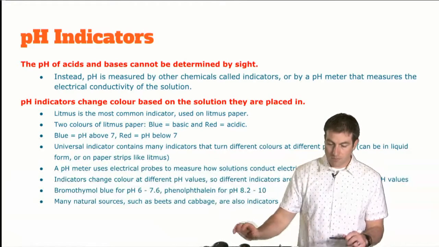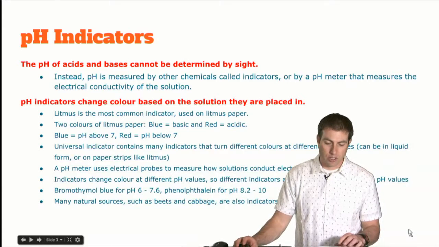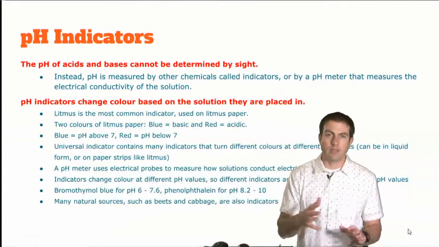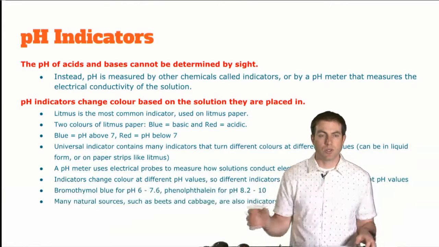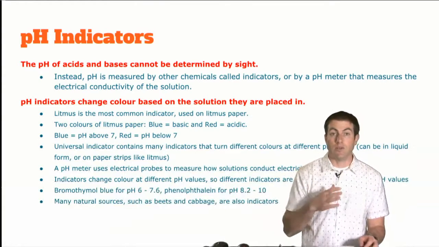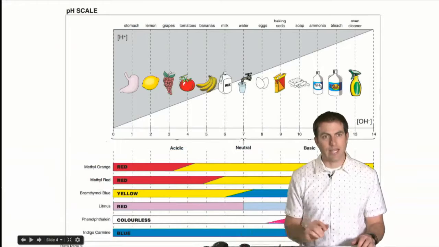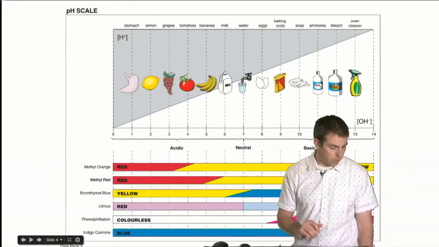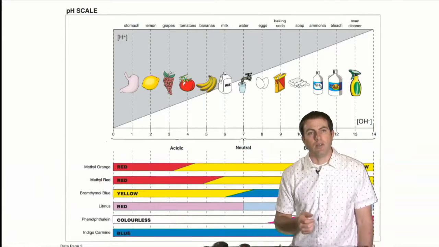So in your data book, you have a chart that indicates the pH scale, and it shows where some common items fall on that scale. And it has all of the indicator colors that are on that scale. So this is right out of your data booklet. This is page 3. Of course, it's in color.